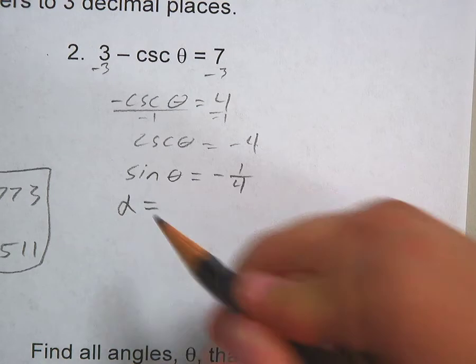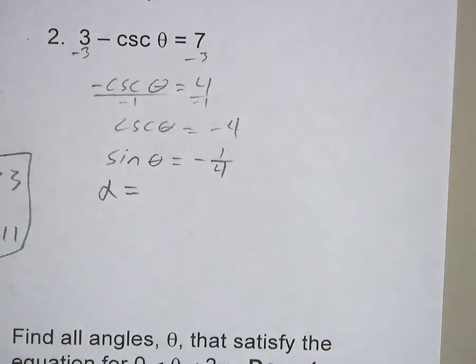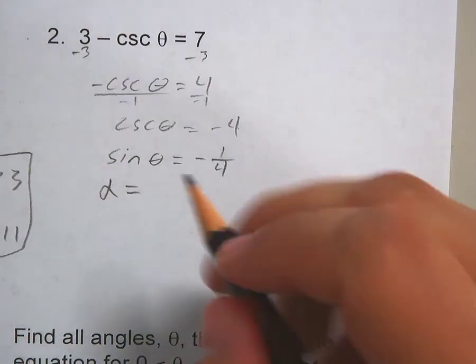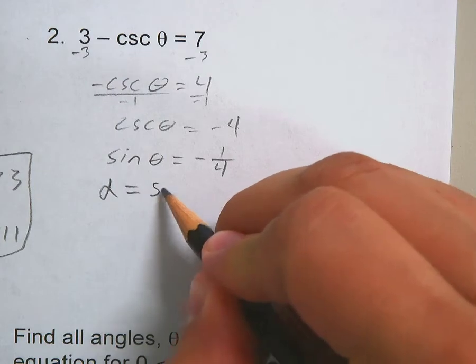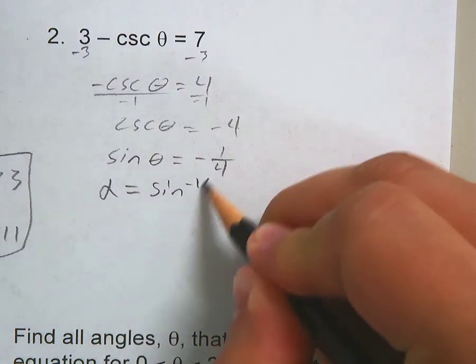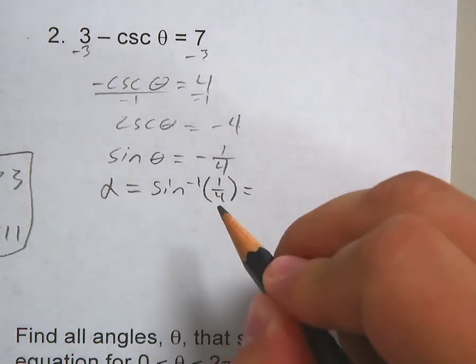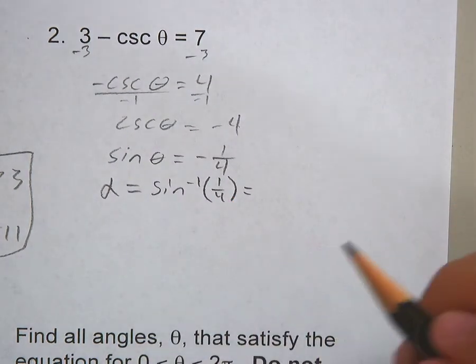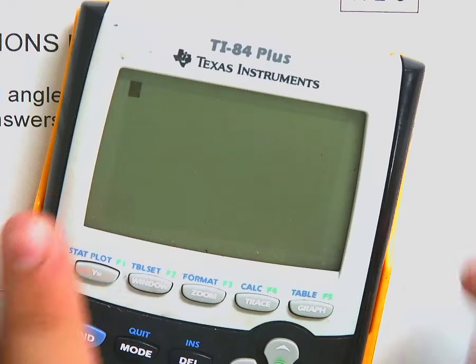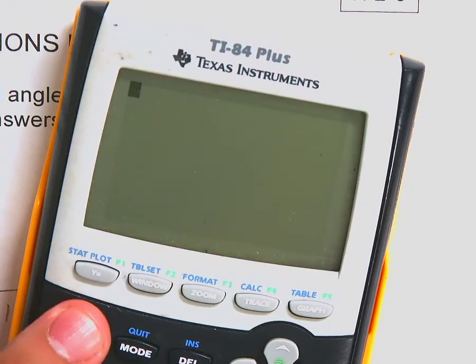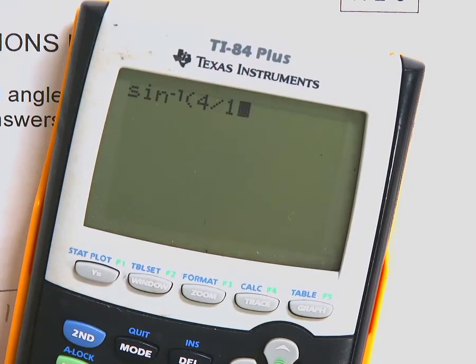Now we come to the conclusion of the matter. So alpha is the inverse sine of 1/4. Remember, forget that it's negative. If you plug in a negative number right here, you will get the wrong answer. Let me show you what I mean. I'm plugging in the inverse sine of 1/4.